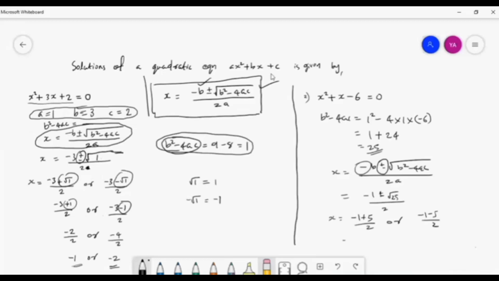Okay, next step, minus 1 plus 5 is 4, so 4 by 2, or minus 1 minus 5 is minus 6, so minus 6 by 2. So 4 by 2 is 2, or minus 6 by 2 is minus 3. So you can give a conclusion: the roots or the solutions are 2 and minus 3. Okay, that's a perfect square.